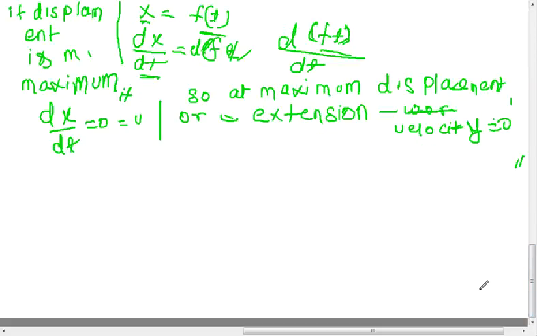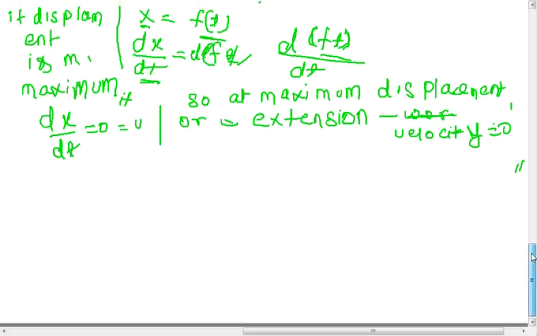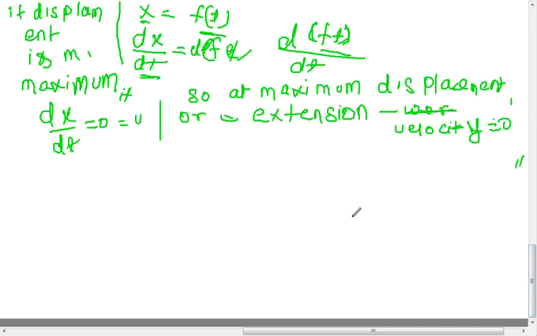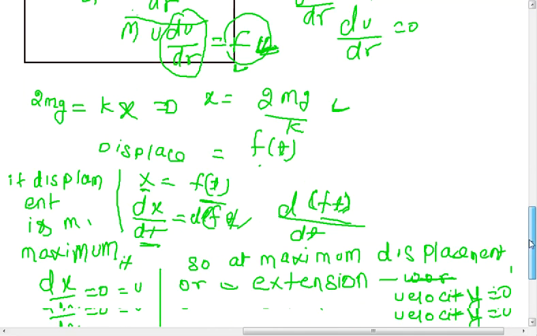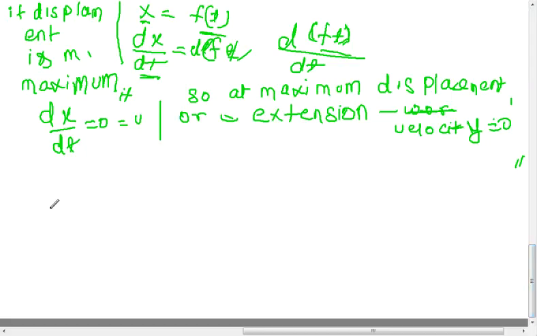Okay, the question is, let me write it down. Let's suppose the maximum displacement is x.